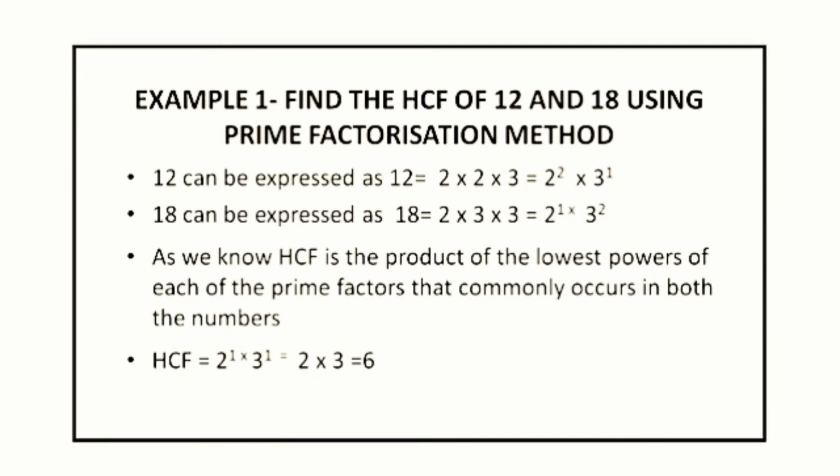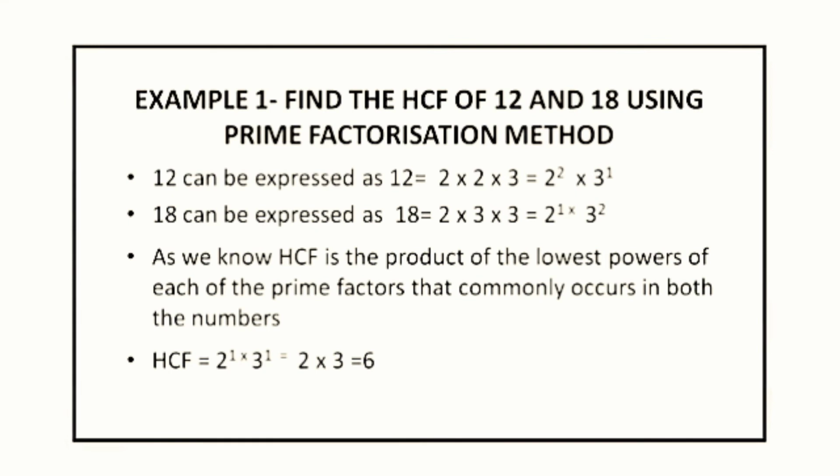Similarly, 18 can be expressed as 2 into 3 into 3, which equals 2 raised to 1 into 3 raised to 2. This is because 2 occurs only once and the factor 3 occurs twice. As we know, HCF is a product of the lowest powers of each of the prime factors that commonly occur in both the numbers.